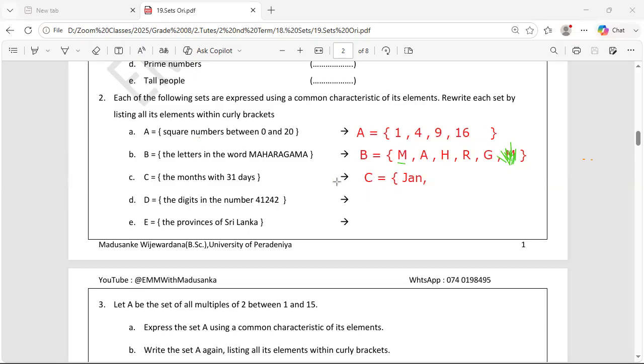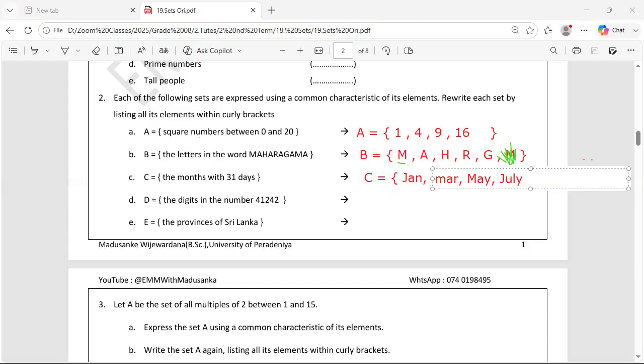Okay, so next one, this is Jan. Now February has 28 days, or 29, so no. March, yes. Comma, then April, no. Jan, March, May, June, July.